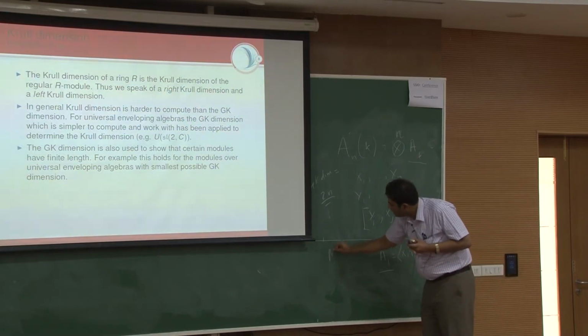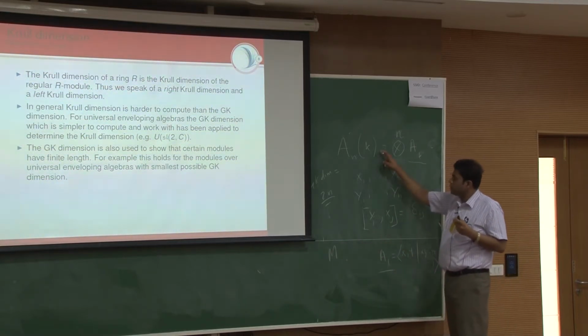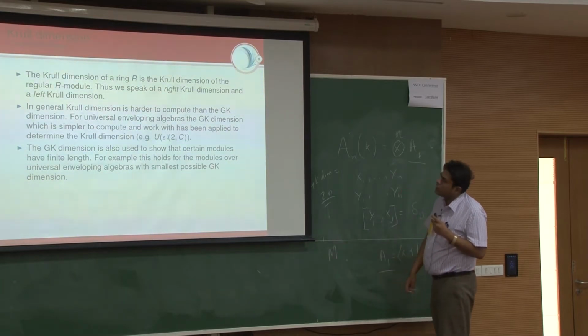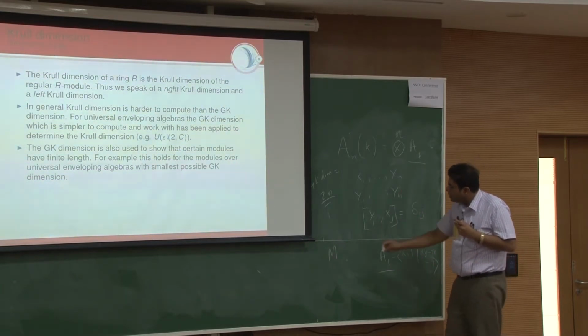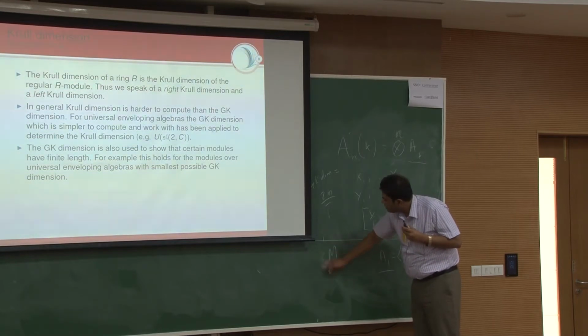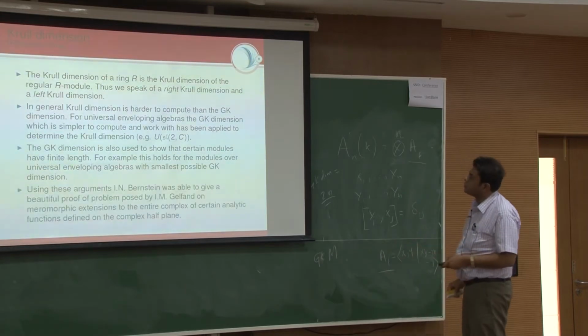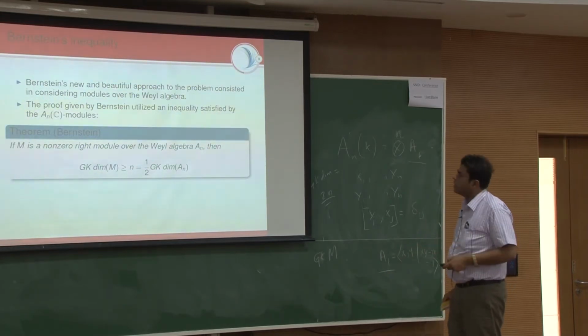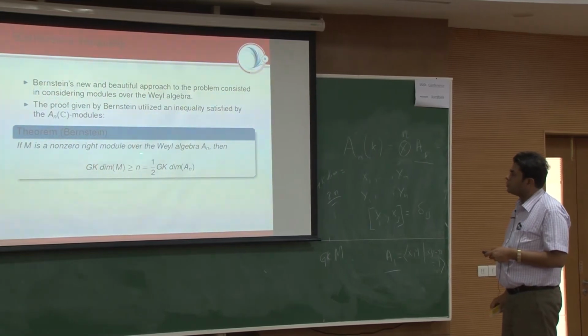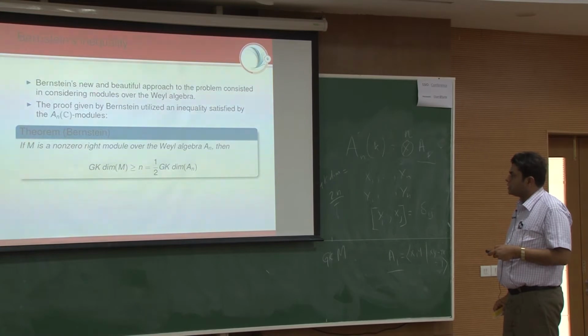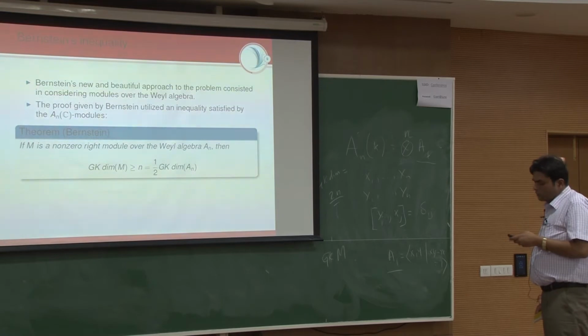I take some module M, which is finitely generated over the Weyl algebra A_n(K), and the famous inequality of Bernstein says that the GK dimension of a non-zero finitely generated right module over the Weyl algebra A_n is at least n, which is half the GK dimension of this algebra.